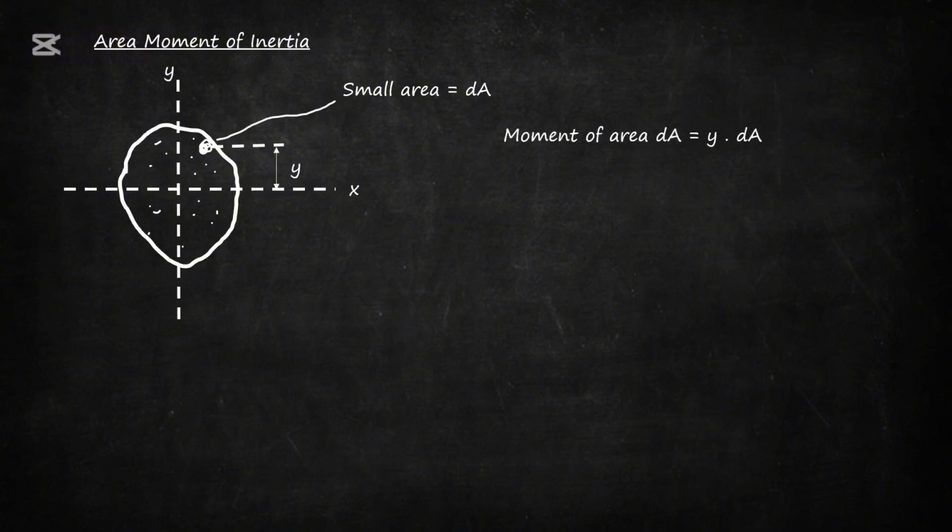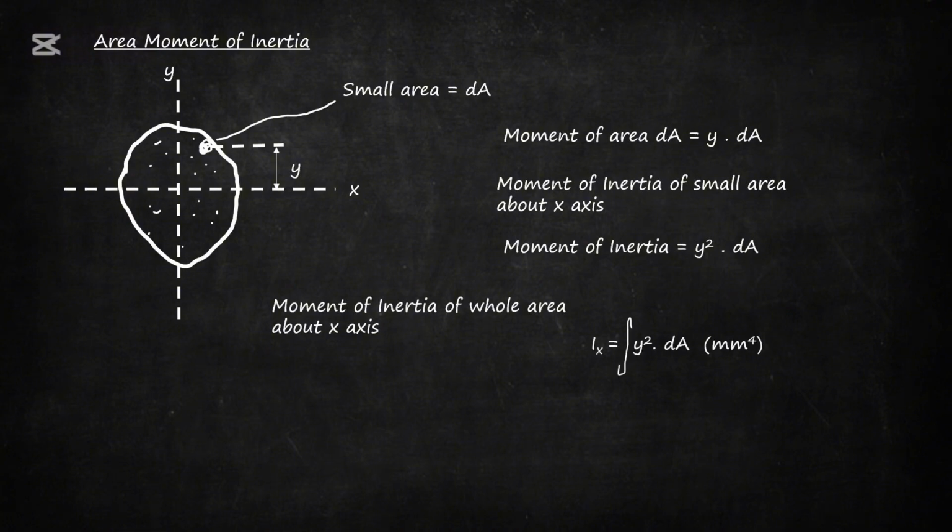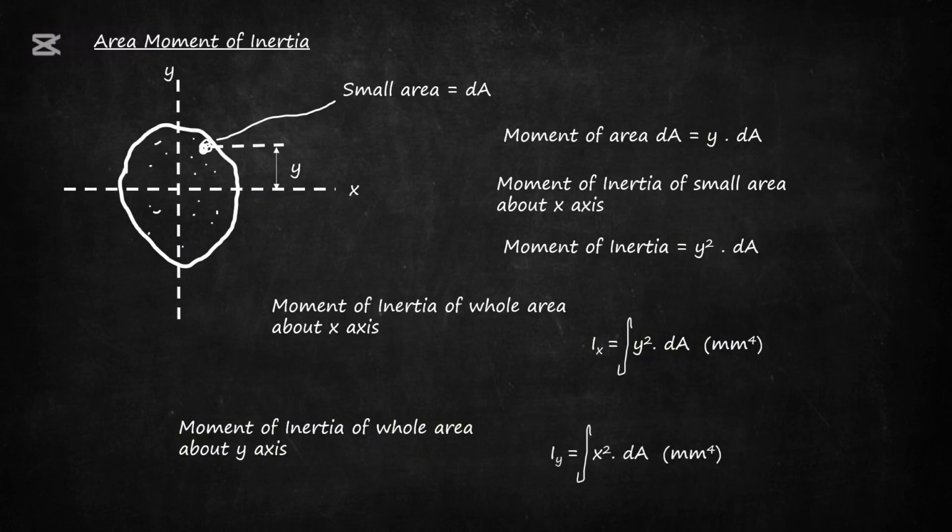The area moment would be y into dA. The moment of inertia of the small area about the x-axis would be y squared dA, and the moment of inertia of the whole area about the x-axis would be the integral of that, which is y squared dA, and the moment of inertia of the whole area about the y-axis would be Iy, the integral of x squared dA. Remember this formula.